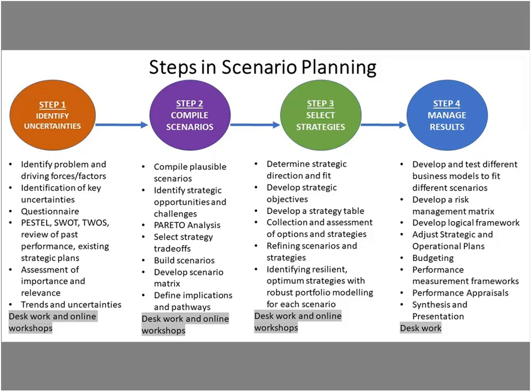And step four is implementation. Is where you ensure that the new or revised strategic direction is actually deployed in a way that it fits a particular business model of your organization to the plausible scenarios that you're planning around.